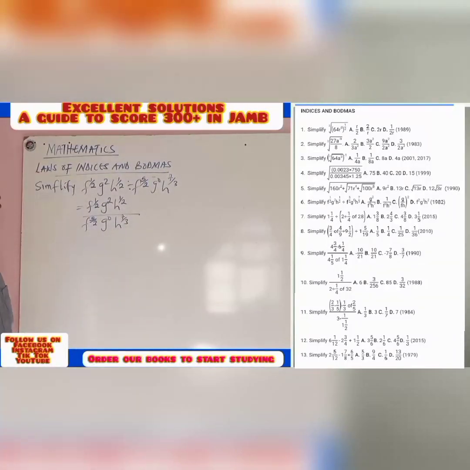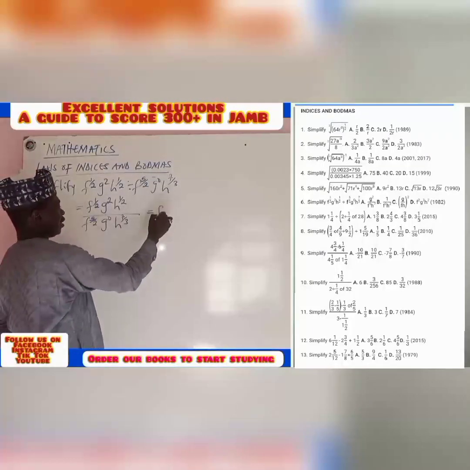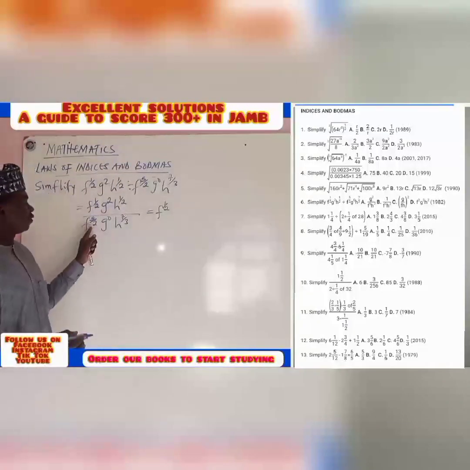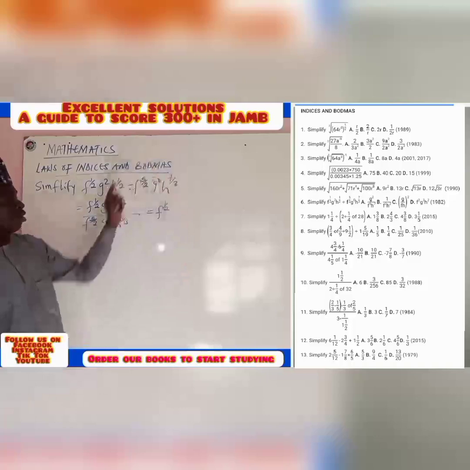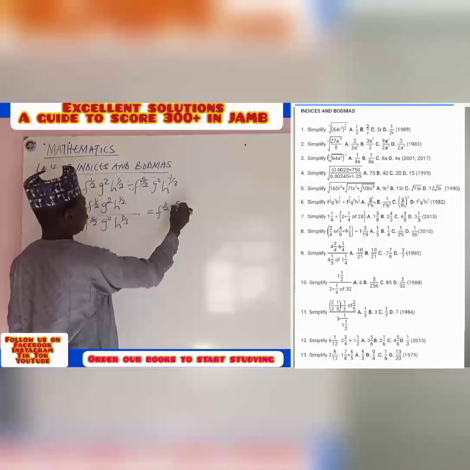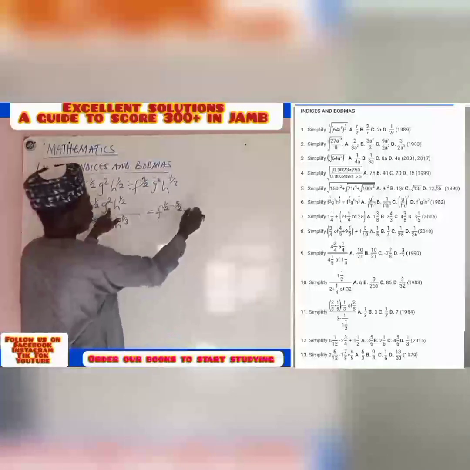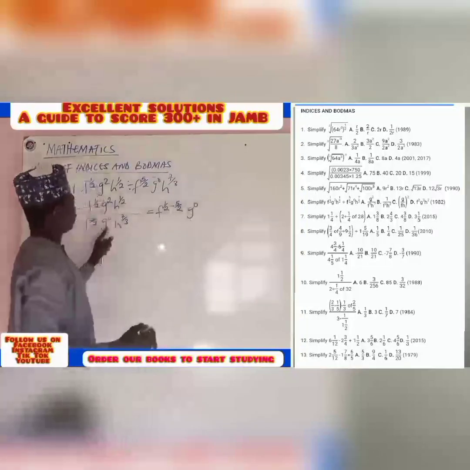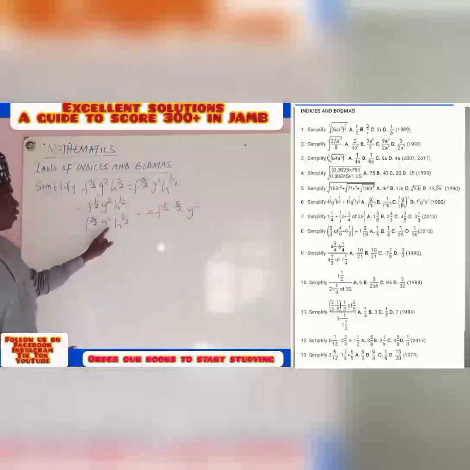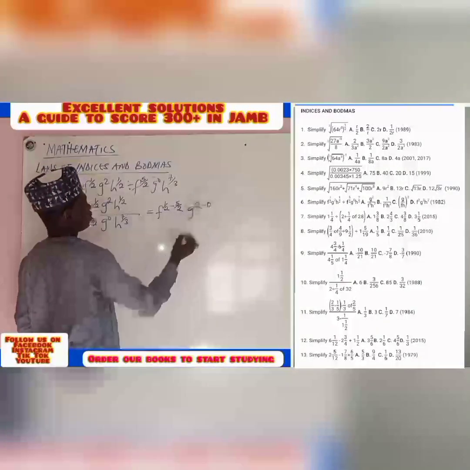If we are going by the laws of indices, this is the same as F raised to the power half, and the 5 over 2 goes up and becomes minus 5 over 2. Then here we have G power 2 and G power 0. The power of 0 goes up and makes it minus 0.